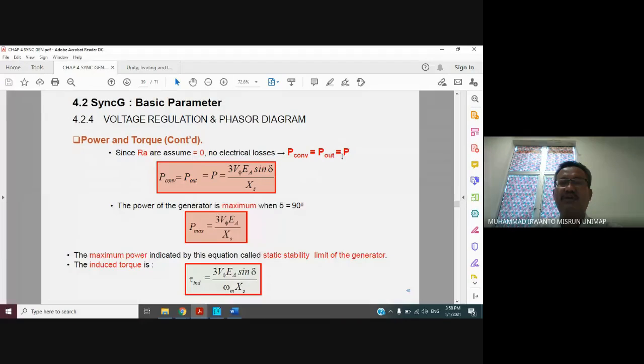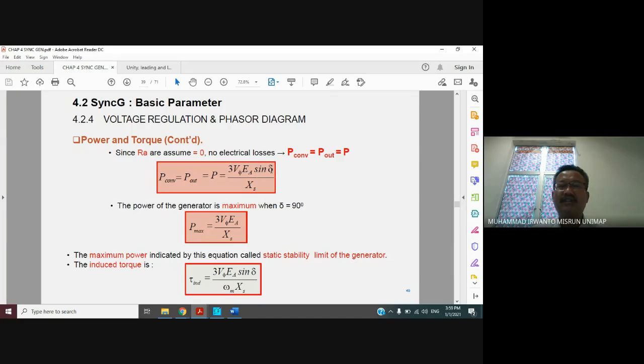Then we can write converted power is equal to 3 times V phase EA sin delta divided by synchronous reactance. The maximum value of sin delta is 1, which can be achieved when the angle delta is 90 degrees.